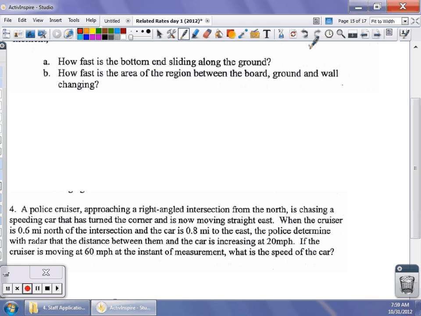Part B. So we have our same triangle. Our board is 5 feet long. Here, let's clean that up a little bit, make it better. So our board is still 5 feet long. We have the same scenario. This is the x direction. This is the y direction. dy/dt is still equal to negative 2.